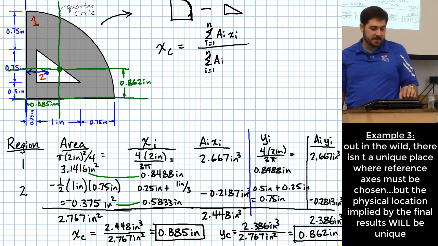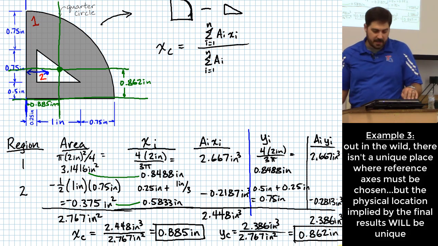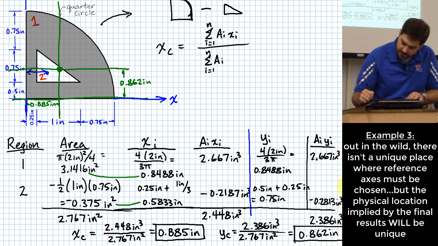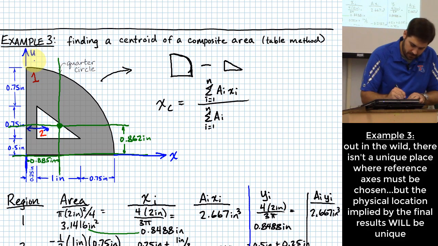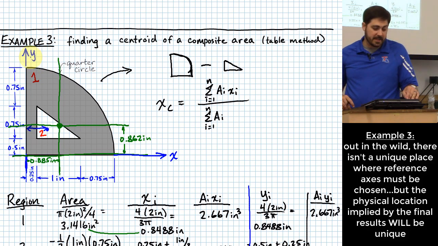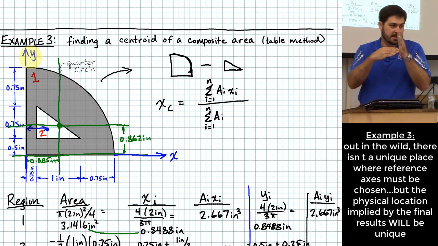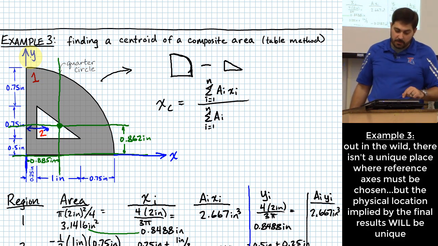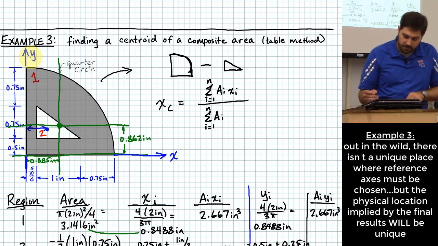Like, I could have done this same exact problem, and instead of essentially establishing an axis here, which is what I did, and an axis here, basically that's what I did: I said, those are my reference axes, and I'm making all my measurements relative to those. There's nothing that would have stopped me, per se, from choosing something different.